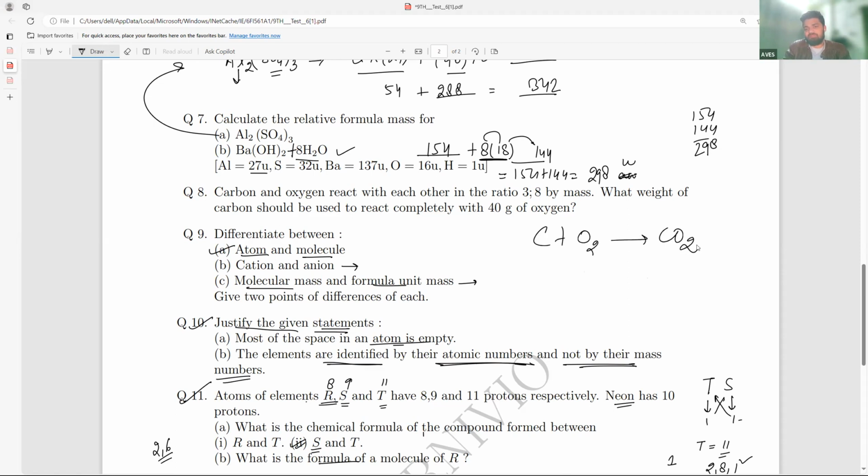Their ratio is 3:8. The weight of carbon that should be used to completely react with 40 gram of oxygen. So we multiply 8 by 5 to make it 40, so this should be multiplied by 5. So if you have 40 gram of oxygen, the weight of carbon that will be required will be 15 gram.